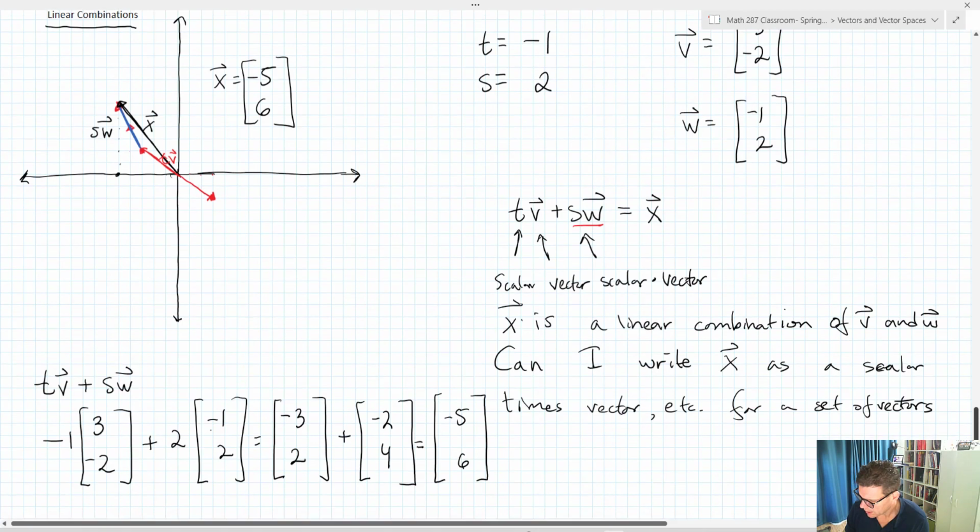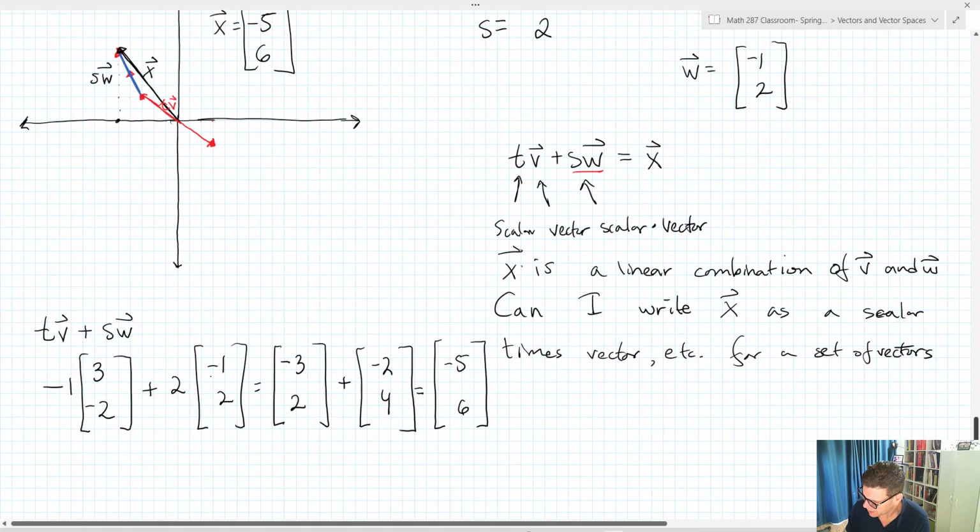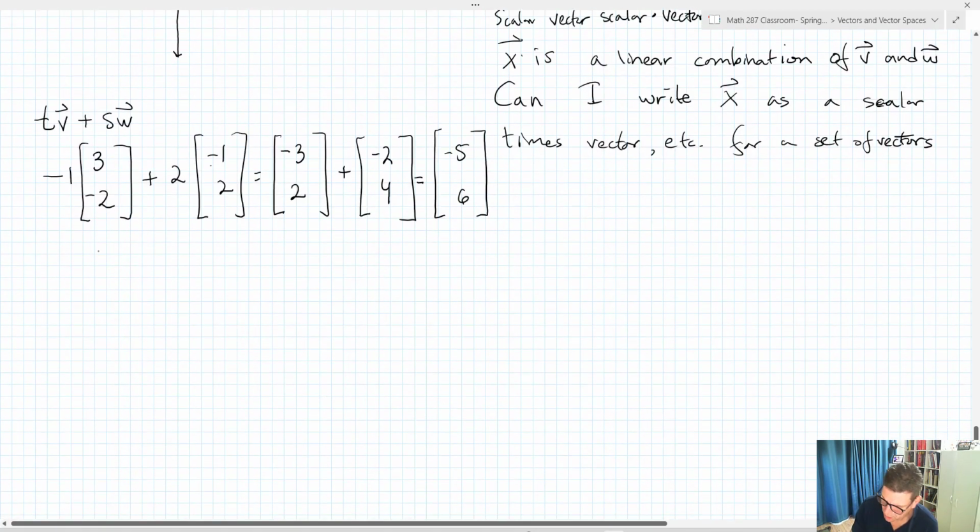So let's try this. I'll have you try one on your own. We're going to let S equal negative 3, and we're going to have T equal 1.5. We'll actually write it as a fraction.